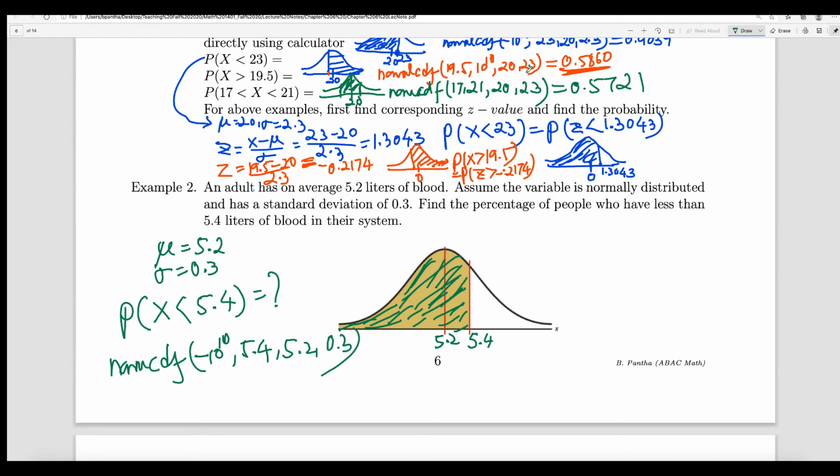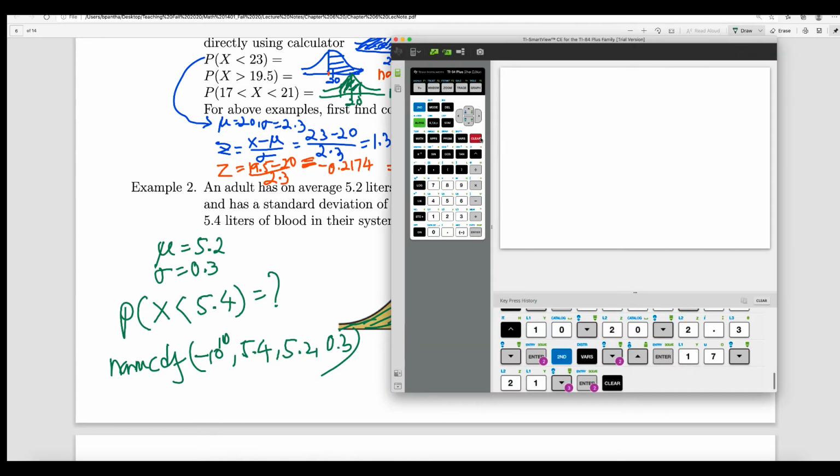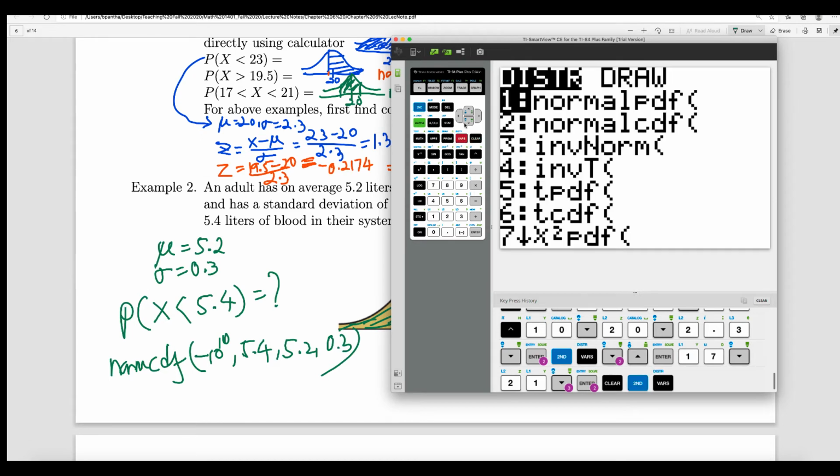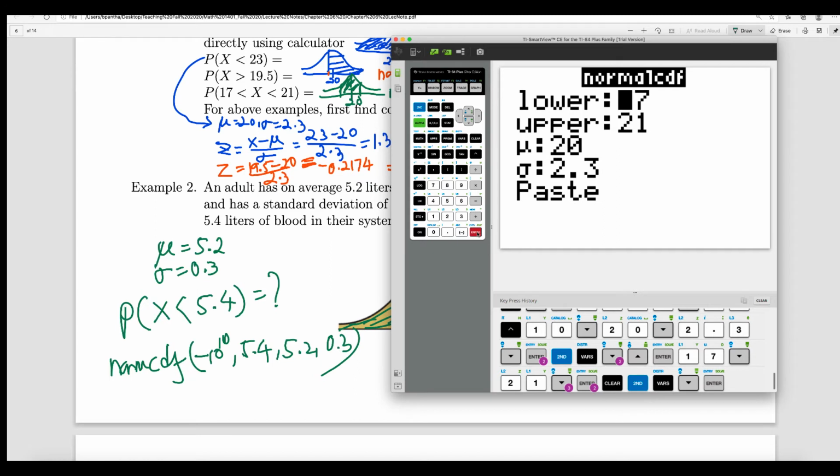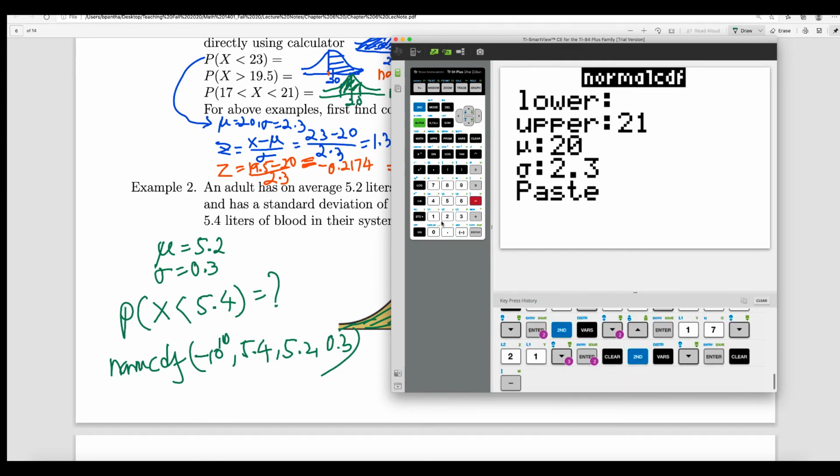So how do you get that? Just use the calculator. So let me clear everything. Second vars and then normal CDF. Okay, so the left bound, let me clear that. So negative 10 to the 10. By the way, it doesn't like that negative; we need this negative. Negative 10 to the 10.